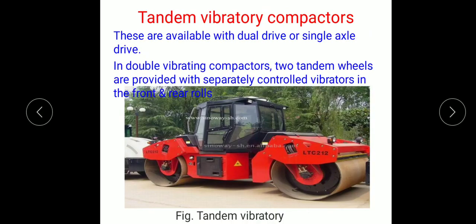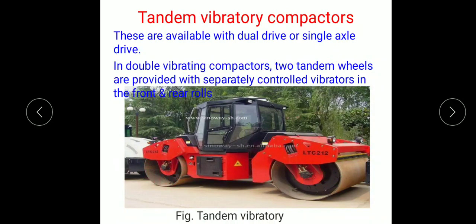First type is the tandem vibratory compactor. These are available with dual drive or single axle drive. Here we can see two tandem wheels are provided on both sides.